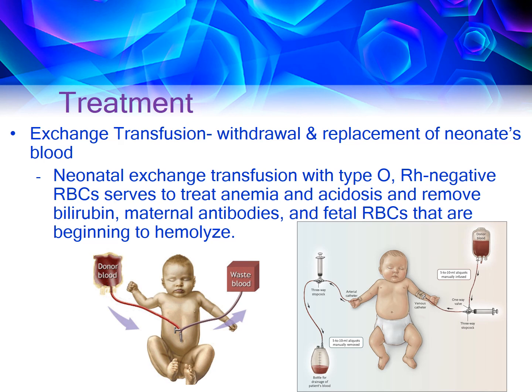So literally what it looks like, you see on one side you've got donor blood, and on the other side is the waste blood from the baby. You have two doctors, one on each side, and they're using the pull-push method to take a little bit out of the baby, push a little in, take a little out, push a little in, until we transfuse that whole container of blood.